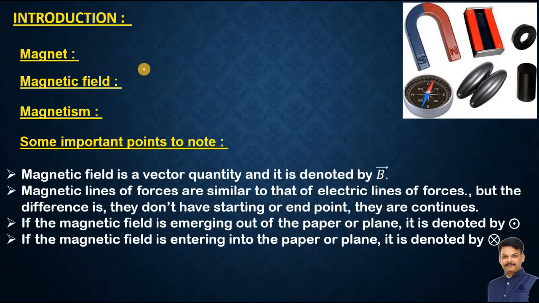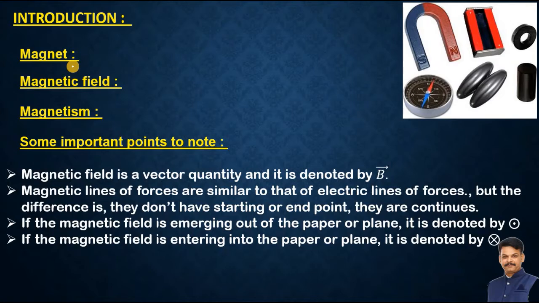Let us have some introduction to some basic concepts which are very helpful to understand the chapter in a proper way. First, let us recall what we know about magnets. The term magnet is very familiar to us. From primary school itself, we have learnt about the magnet, and also some basic properties related to magnets, isn't it?